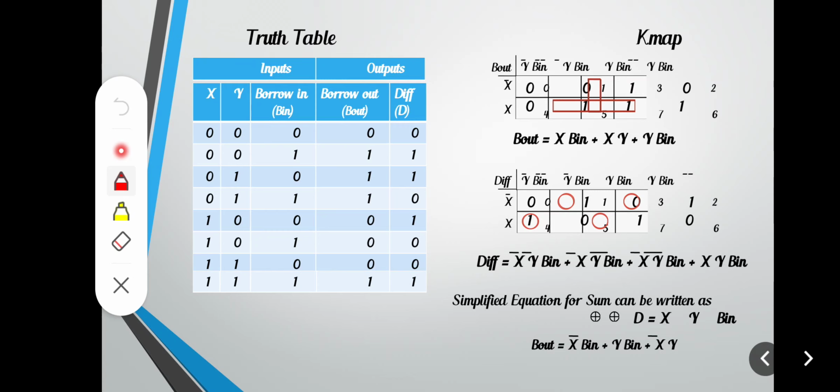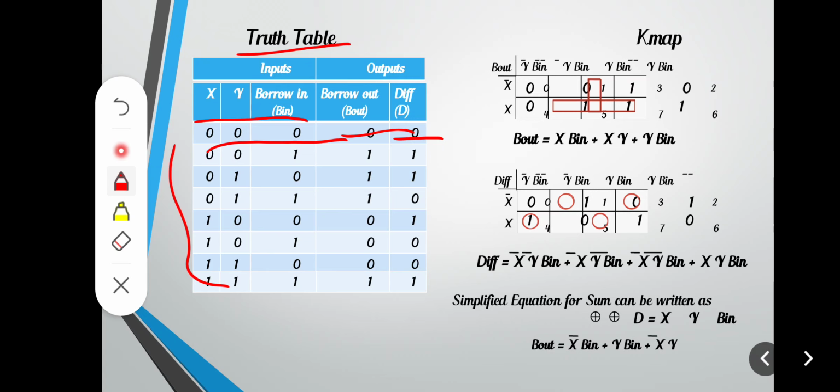This is the truth table of this full subtractor. So here for the 3 inputs we have a total of 8 combinations. So whenever all the 3 inputs are 0, then this difference and borrow output is 0.